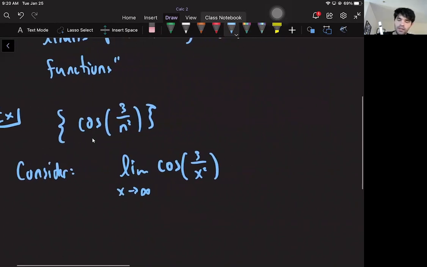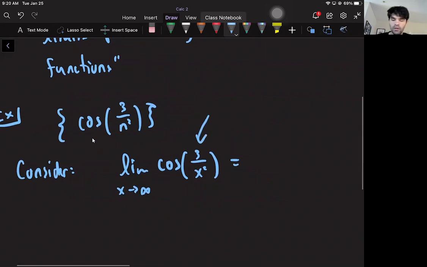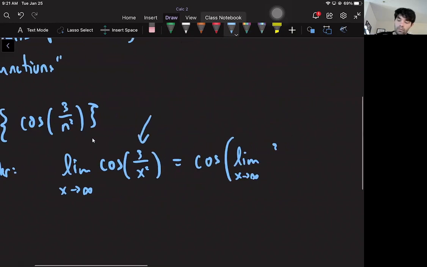So in this case, the idea is, okay, I don't know how to do this limit, but I do know if I was just on the inside, I would know how to do that. And luckily, I can pass the limit through. So I can do the cosine of the limit instead. Often people just do this step all at once and jump right to saying what this limit is here.